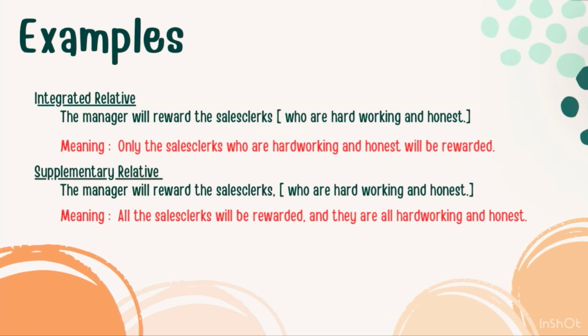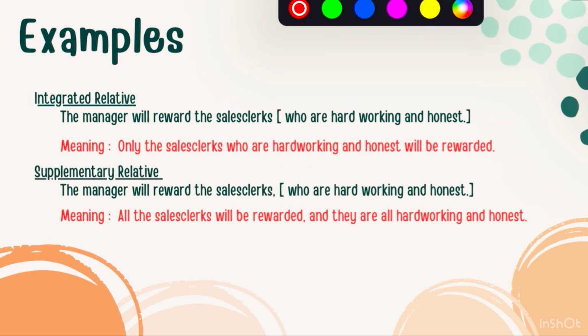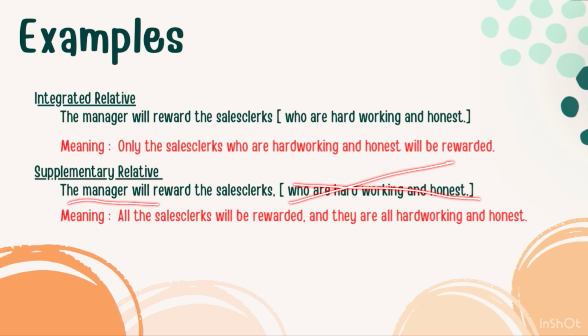And for supplementary relative, we add the same sentence with a comma. The meaning of it is all the sales clerks will be rewarded and they are all hardworking and honest. It means that this clause can be deleted and we can understand the sentence completely.